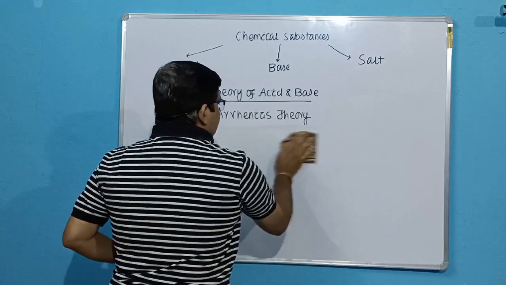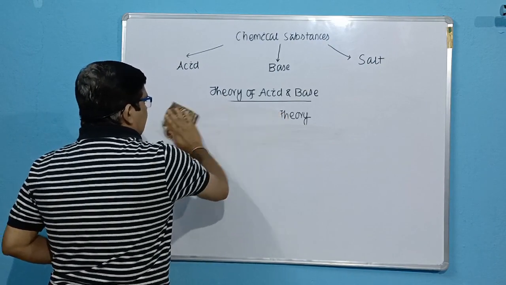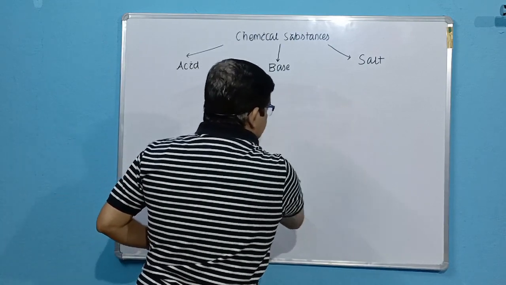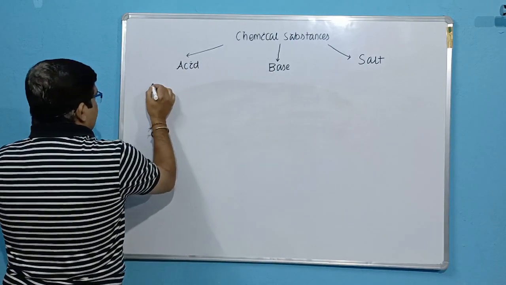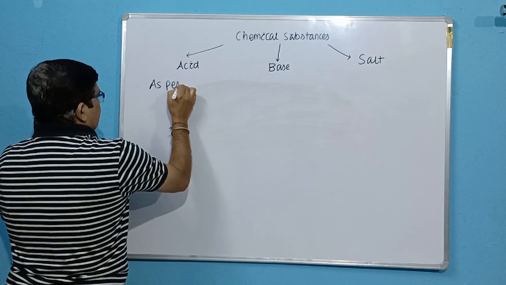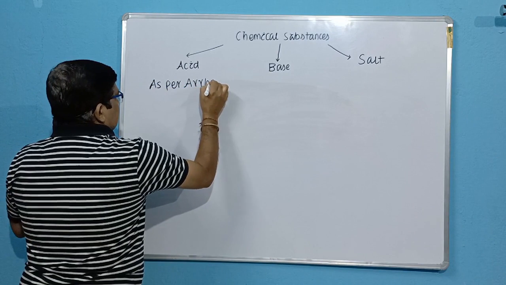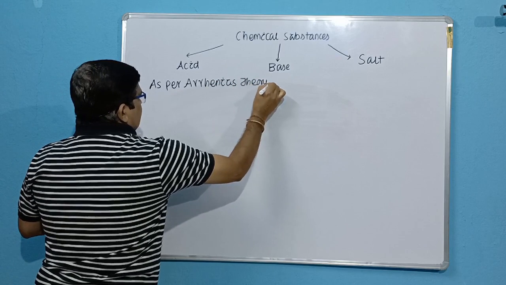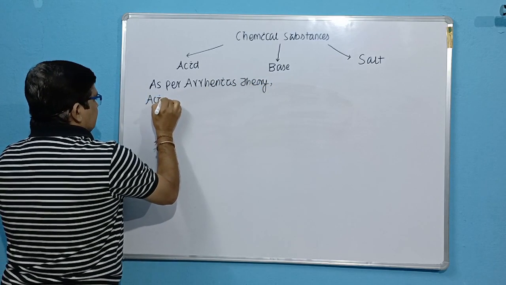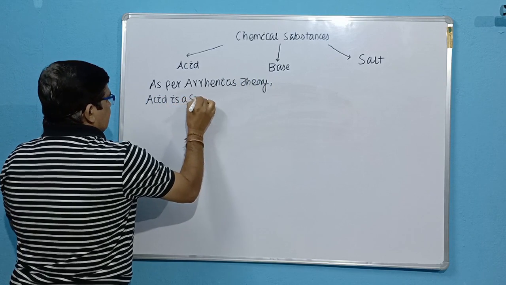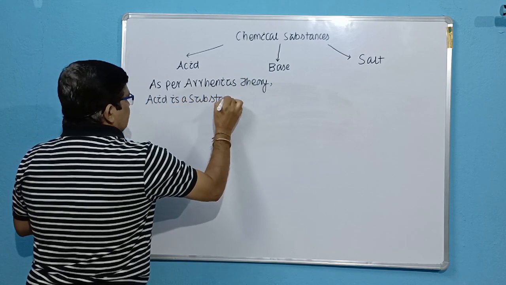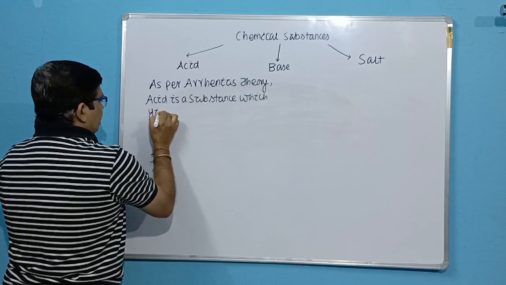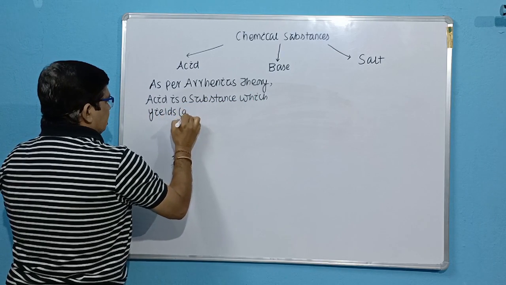As per Arrhenius theory, acid is a substance which yields or gives. Yields means gives.